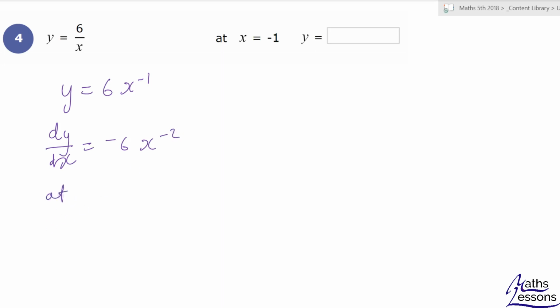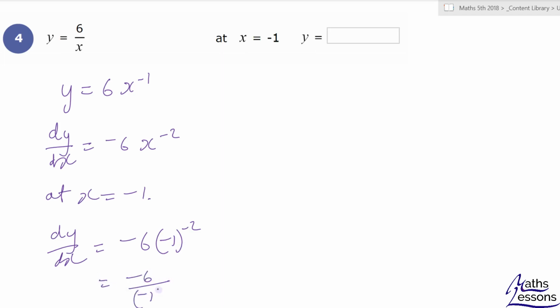So at x equals minus 1, we get dy by dx equals minus 6 times minus 1 to the minus 2. Let's do this first. Now, what we've got here is in fact minus 6 over minus 1 squared. That minus means put it on the bottom of the fraction, put 1 over it. The minus 1 squared is 1.